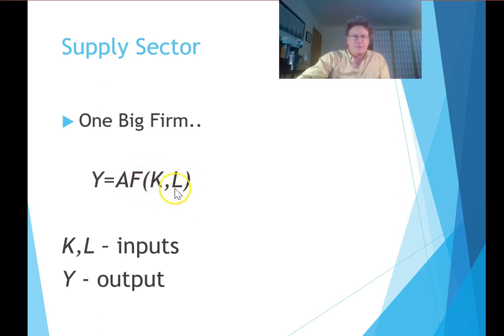Now all that stuff goes in, and this Y is output. And of course the word for that we've already used is GDP. So if we're thinking about our economy as one big firm, and this is all the stuff that's produced, that's GDP.